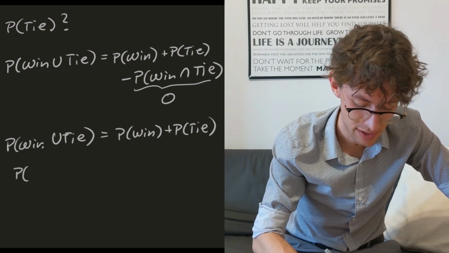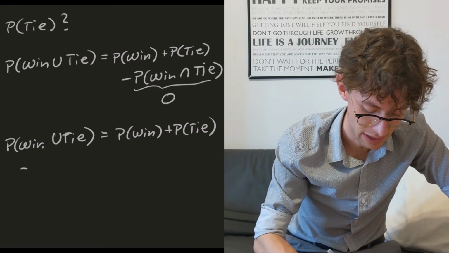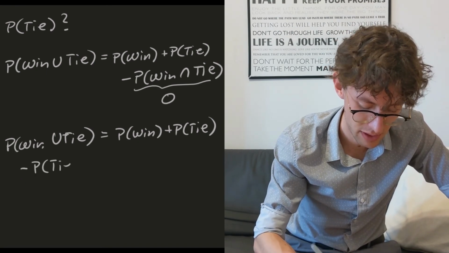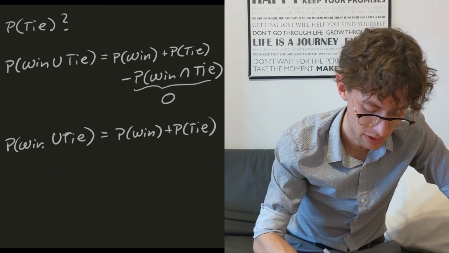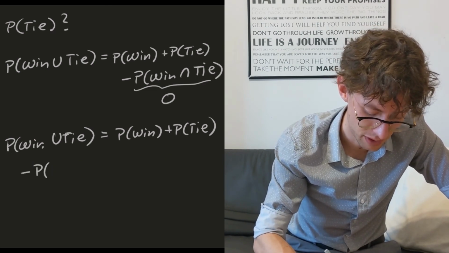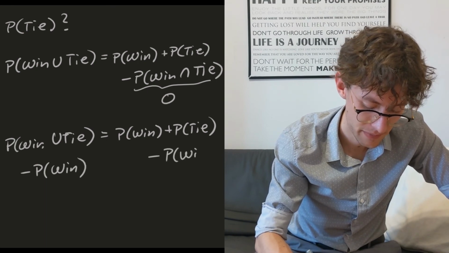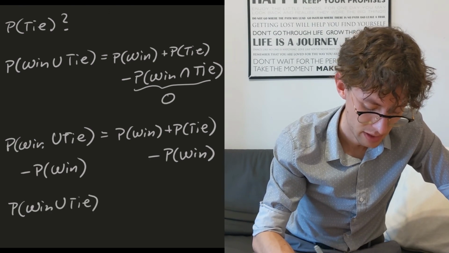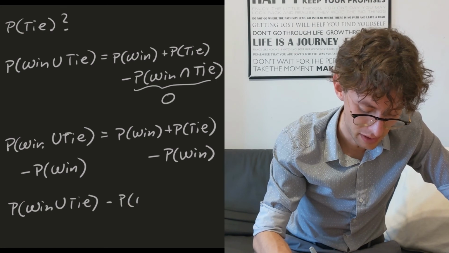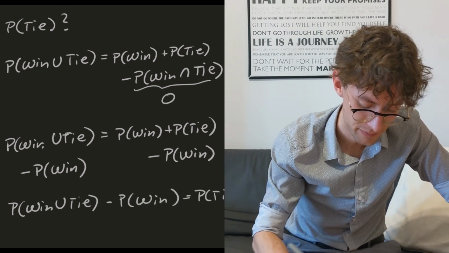And we can then isolate the probability of tie from this. If I just subtract the probability of win from both sides, we have the probability of win union tie minus the probability of win is equal to the probability of a tie.